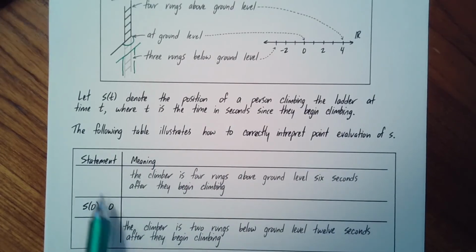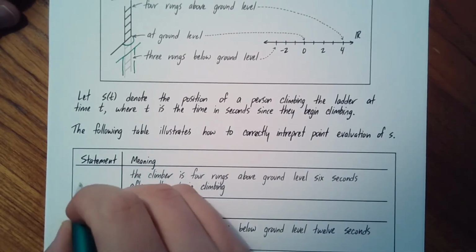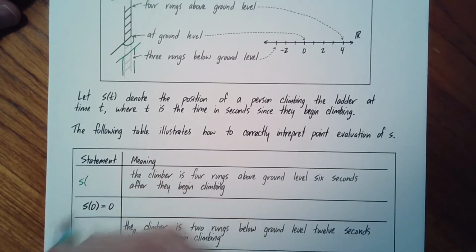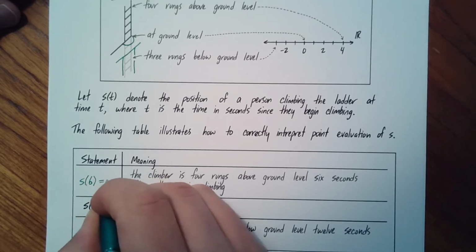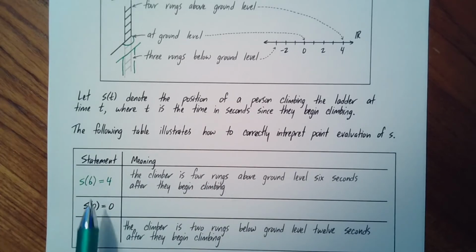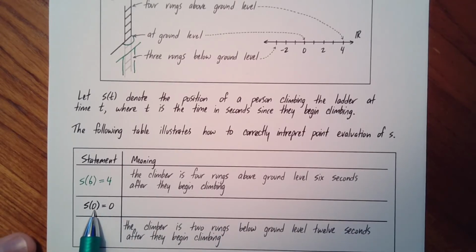So we can write this with a mathematical statement by saying s of 6 is equal to 4, right? 6 seconds after they started climbing, their position on the ladder was 4 rungs above ground level. Okay, so the next one, we're given the statement and we have to supply the meaning. So this says s of 0 equals 0. So the point in time is t equals 0.